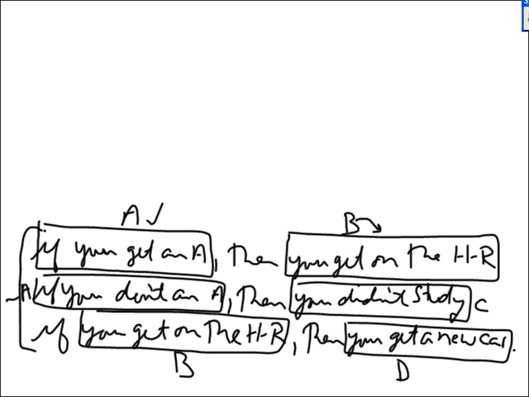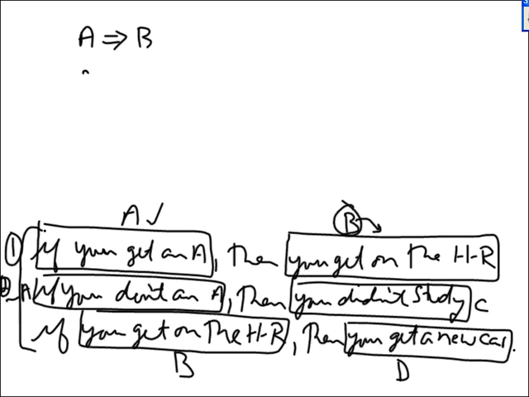Okay. So let's look at what the first statement says. If you get an A, which is represented by A, then you get on the honor roll, which we're calling B. A implies B. Let's go to statement number 2.